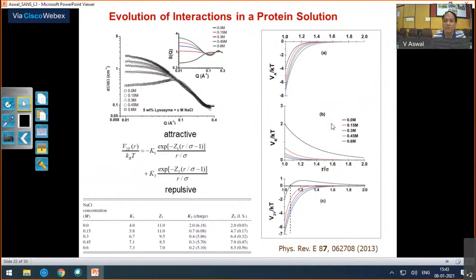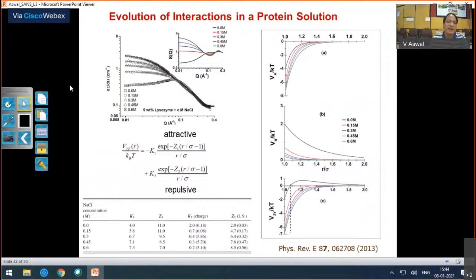So this is one of the data sets where you have protein in solution, and you are adding some salt, where you know that salt can modify the interaction between these charged proteins. Interestingly, in this protein sample, when you go to very high concentration, you see a phase transition. The protein goes from a dilute phase to a protein-rich phase at higher salt concentration.